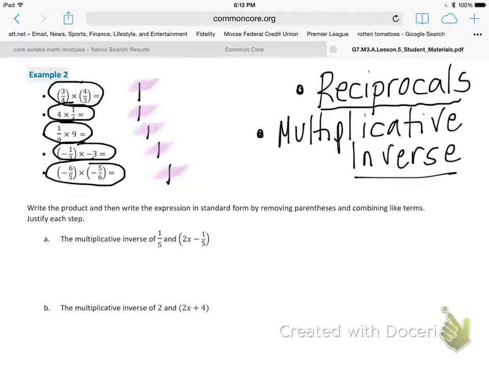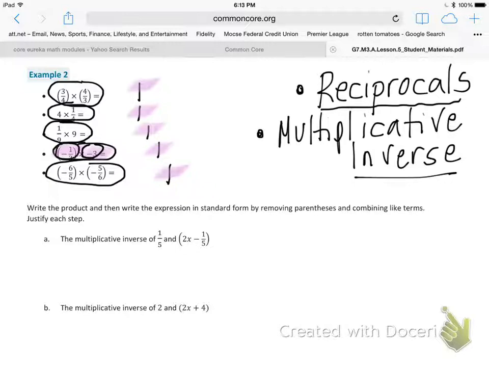So if you are converting an expression, or one of these terms here, to its multiplicative inverse, there's one thing you do have to remember. So negative 1/3, its multiplicative inverse or reciprocal, is negative 3. It can't be 3. It is negative 3. So the sign always has to stay the same when it comes to the multiplicative inverse.